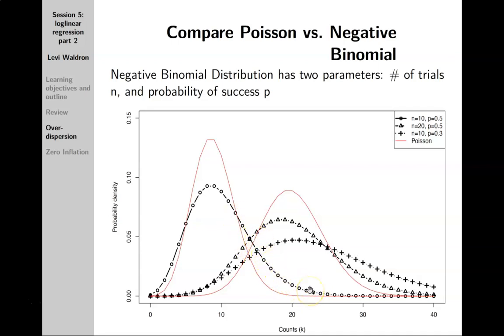You see counts going up to higher values. So potentially this could fit our needle sharing data set better because we saw that we had too many large values in it. And so the negative binomial distribution does have more high counts as part of its distribution.